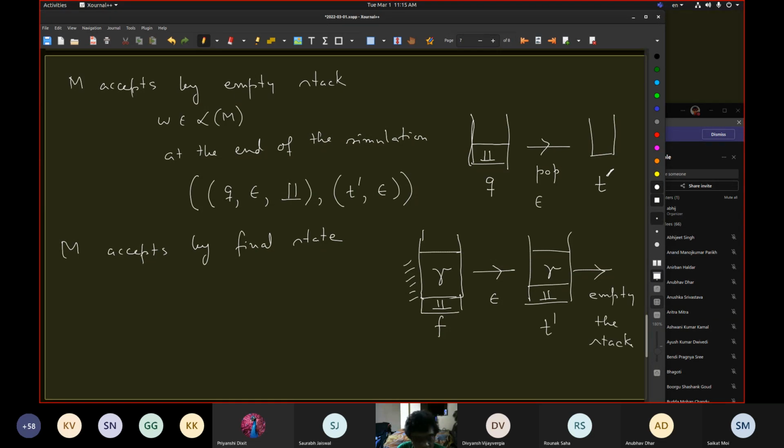So what should be the transitions that I need to add for every final state F? I have to add this transition. Whatever A you see on the top of the stack, keep it there, go to state T prime, keep A there, and in T prime you empty the stack. Do not read anything.